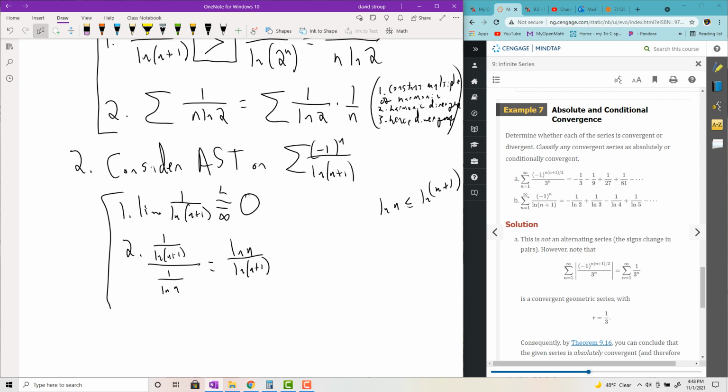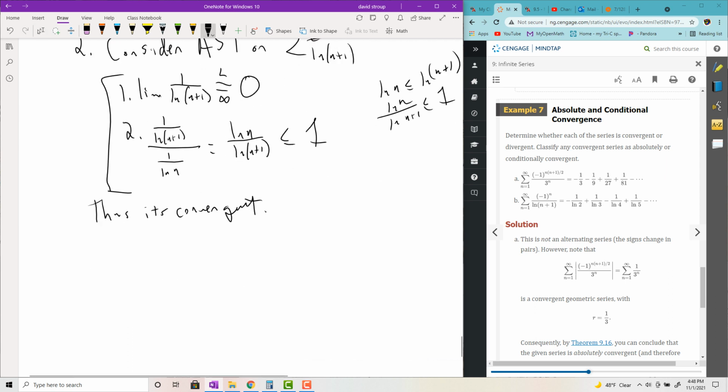In other words, you could divide both sides by ln of n plus 1. That's a positive quantity, and you get ln of n over ln of n plus 1 is less than or equal to 1. Therefore it is decreasing, therefore it's convergent by the alternating series test. So your ultimate conclusion then is conditional.